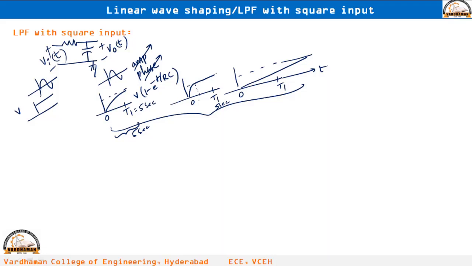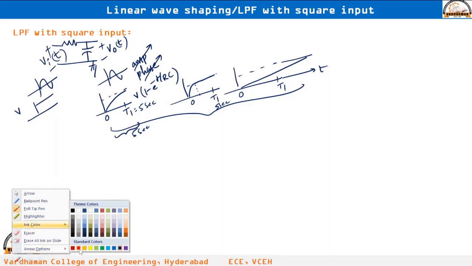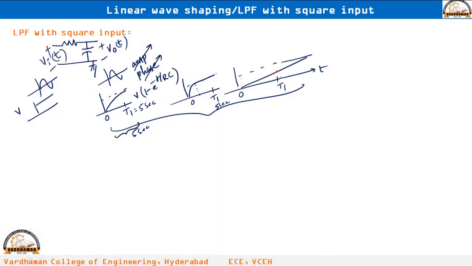But in the third case, even after T1 seconds is completed, the output did not reach V. At t equal to T1, it has reached approximately V by 2 only, not V. In all 3 cases, T1 is 5 seconds, but in the first case exactly at 5 seconds it reached V volts.